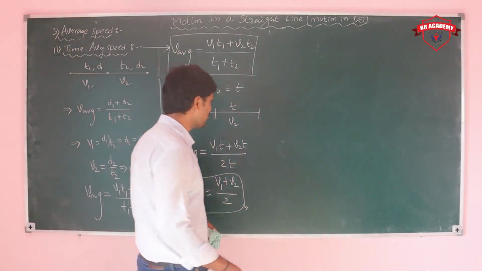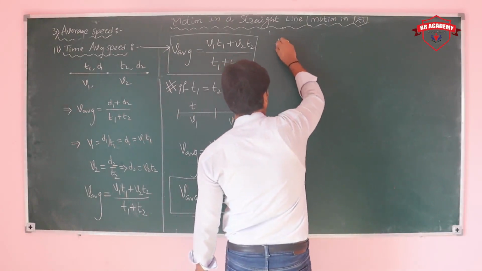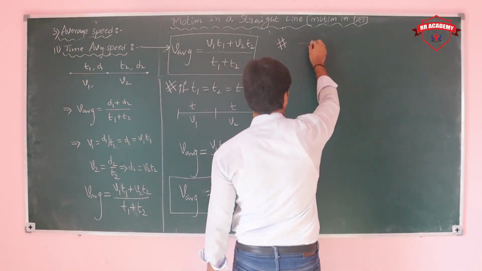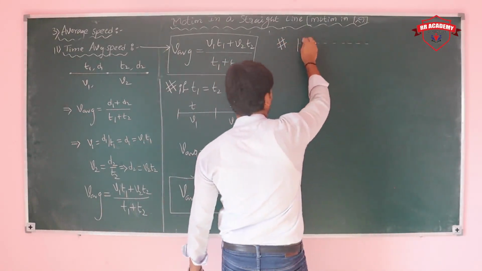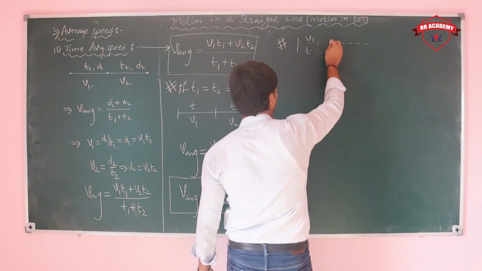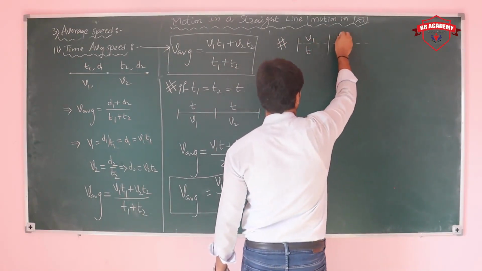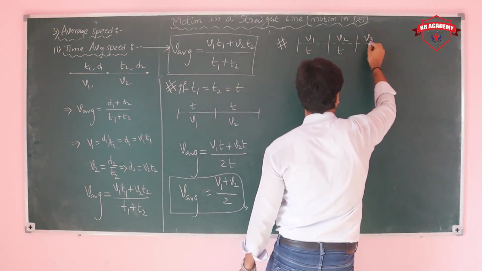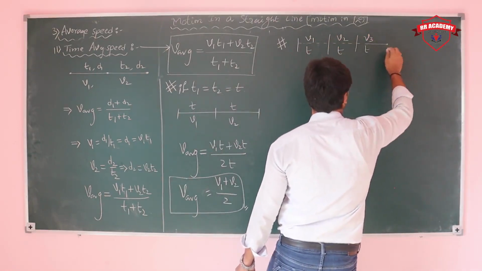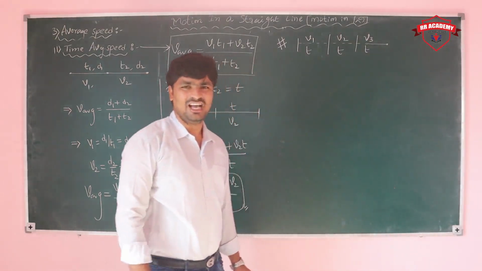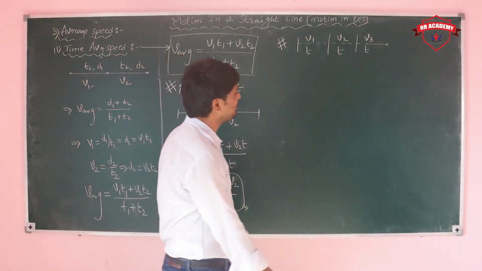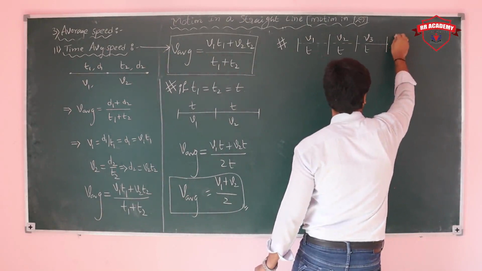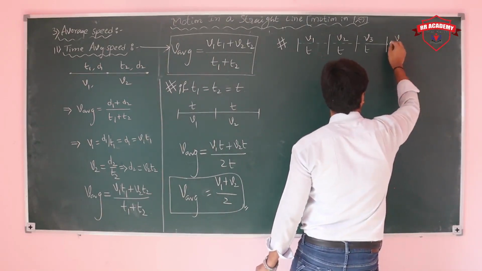In case the question is like this, which travels first t seconds with v1 speed, next t seconds v2 speed, next t seconds v3 speed, next t seconds v4 speed, like that. You can take up to v3 or v4, no problem.